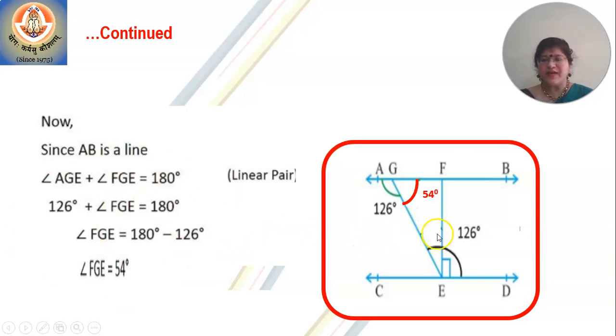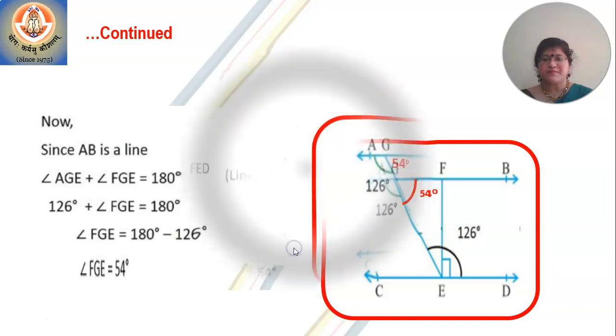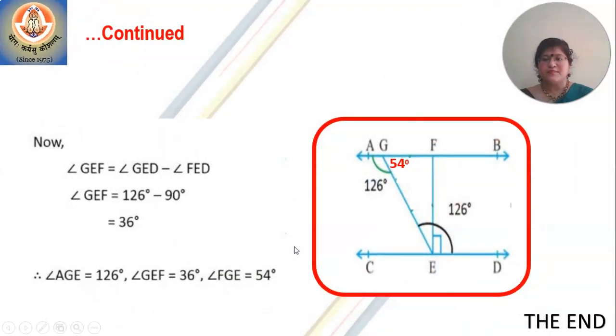And now last, we have to find the measure of angle GEF. Now GEF plus FED gives me GED because of angle addition property. So 126 is the total. This angle is already 90. So 90 plus what will give me 126?